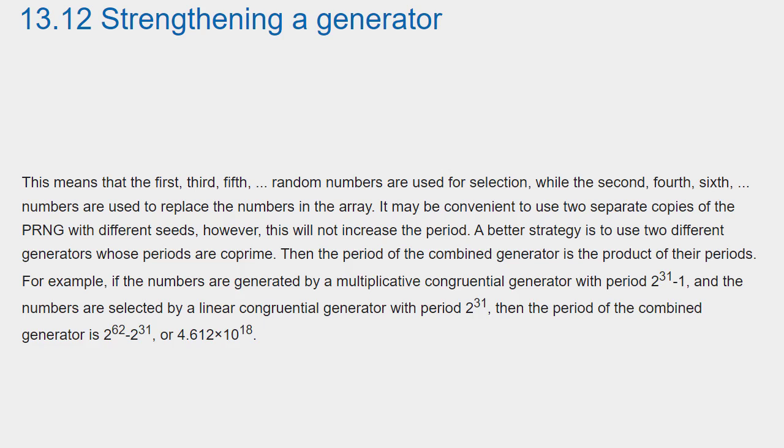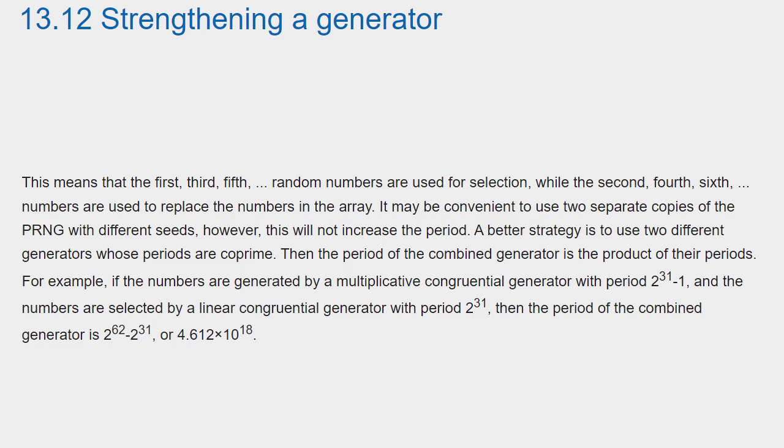It may be convenient to use two separate copies of the PRNG with different seeds. However, this will not increase the period. A better strategy is to use two different generators whose periods are co-prime. Then the period of the combined generator is the product of their periods.